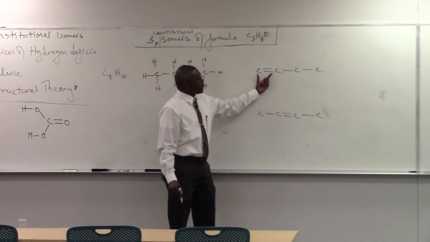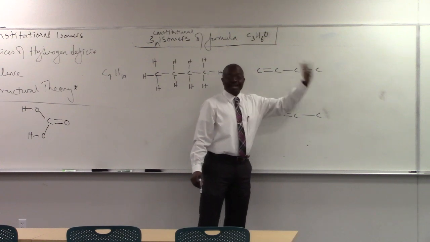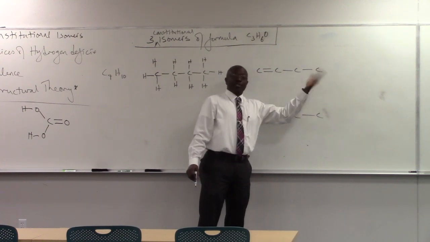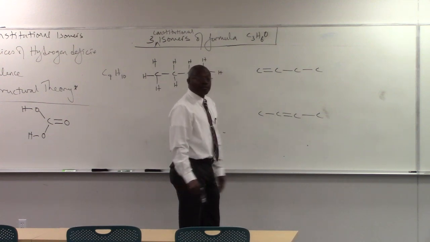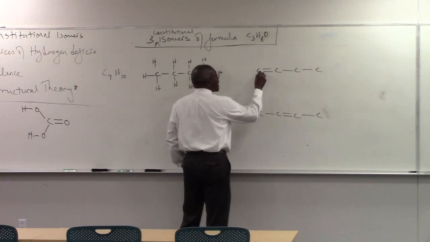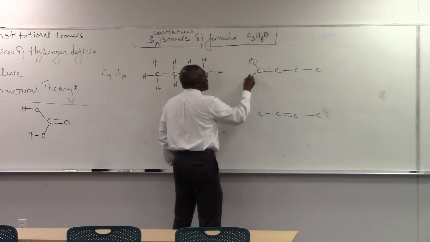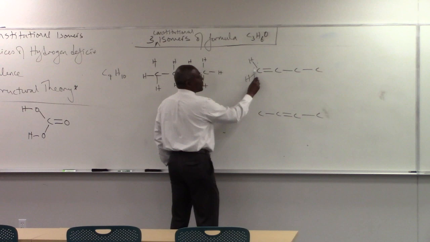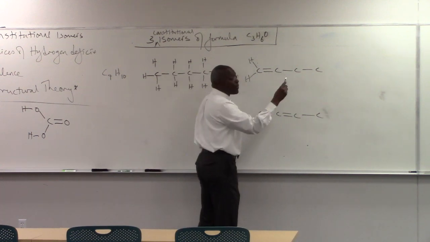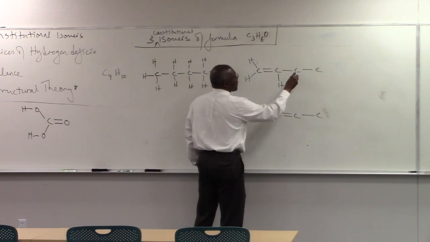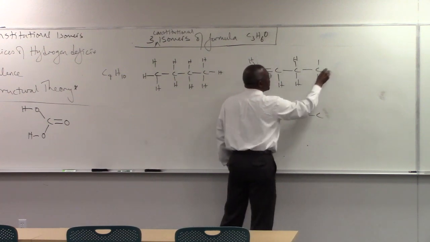Now, obviously, between these two carbons and these two carbons is exactly the same. Right? When I read across the molecule, it's exactly the same. What would I get? Well, now that I have a double bond, I can only put 2 H's on this carbon to complete the valence. This carbon is a double and a single, that's 3 bonds, I can only put 1. 2 bonds, I can put 2 H's, and then 3 H's.